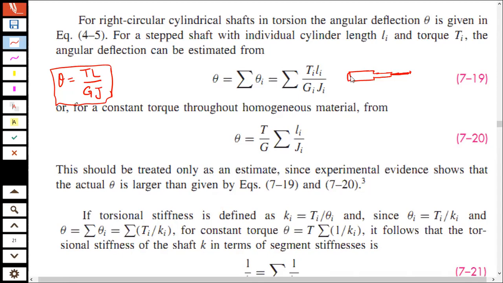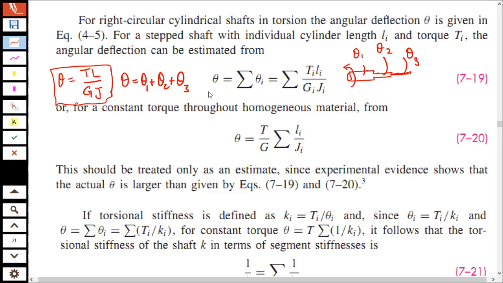ठीक है जी. देखिए, when you apply torque, there is going to be some deflection in this portion, and let's call that theta 1. There's going to be some deflection over here, and that will be theta 2. Some deflection over here, and that will be equal to theta 3. So the total deflection, and let's call that theta, is going to be the sum of all these deflections, which will be theta 1 plus theta 2 plus theta 3.